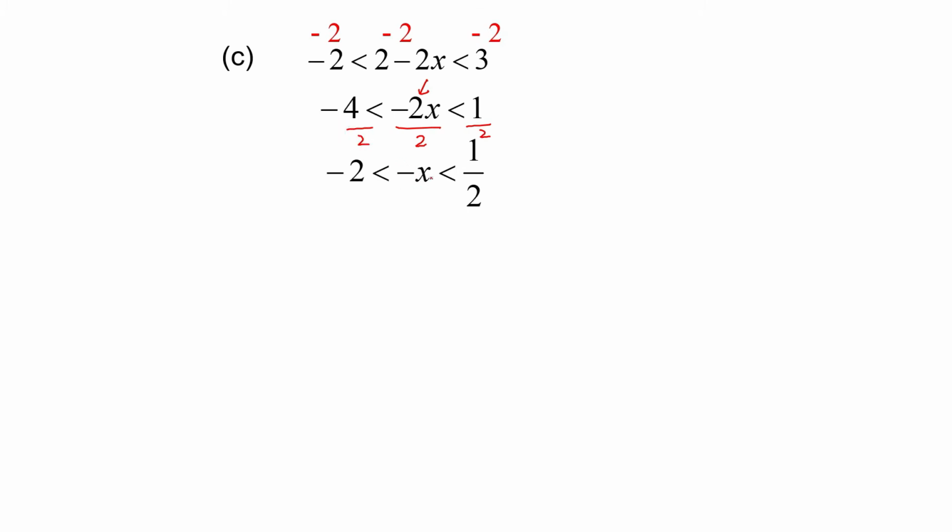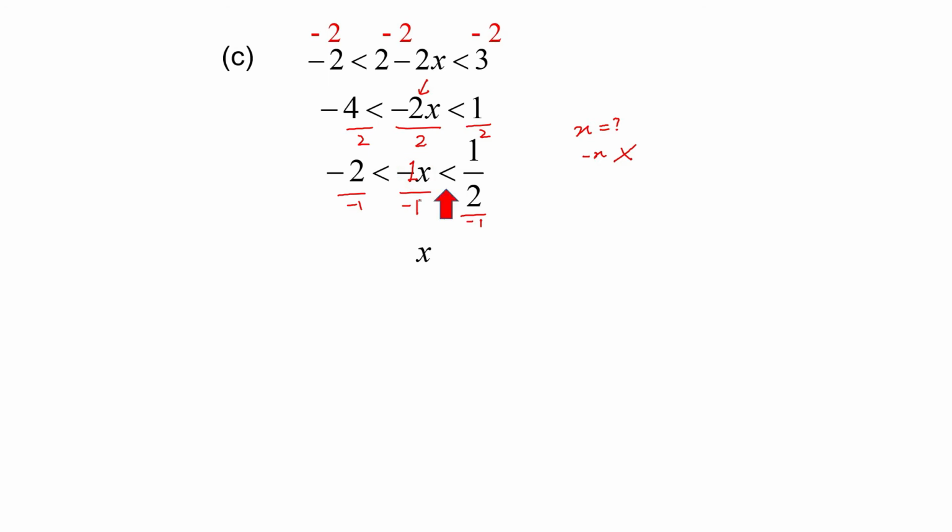So can we just leave our answer like this? Well, no, because to solve means we want to find what is the value of x, not the value of negative x. The negative in front of the x is like negative 1. So it's the same as you divide everything with negative 1. In the middle, you have positive x, and on the left and right side, you have the positive 2 and negative 1 over 2.